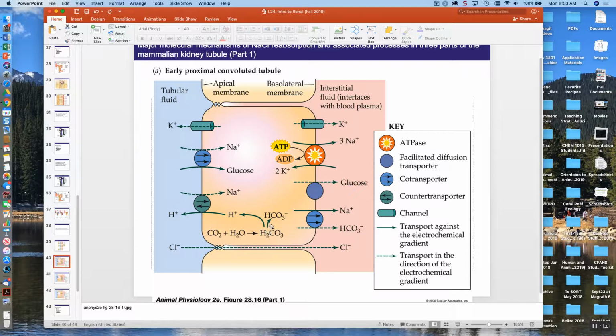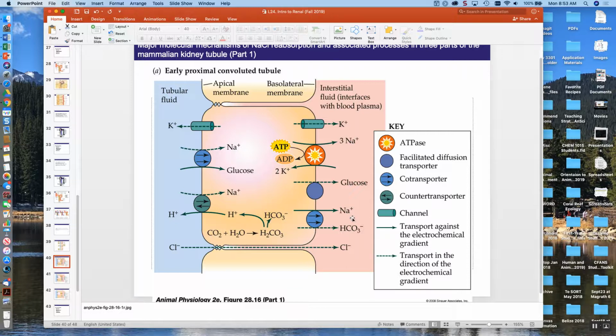And then bicarbonate is reabsorbed. It's transported across the basolateral membrane by the sodium bicarbonate co-transporter. Pretty good, right? For every carbon dioxide molecule, one proton is secreted and one bicarbonate is reabsorbed.